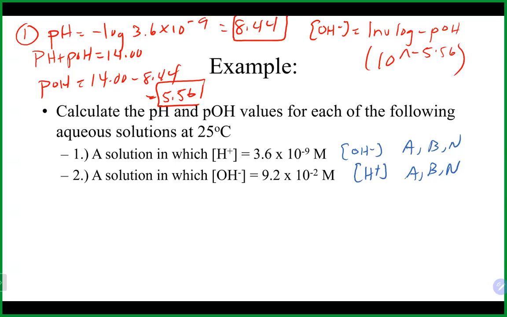And if I do it there, that will get me something like 2.7 times 10 to the negative 6. And it does need molarity after it, as it is a concentration here. Also, my POH had 2 decimal places, which means my concentration going backwards has 2 significant figures.